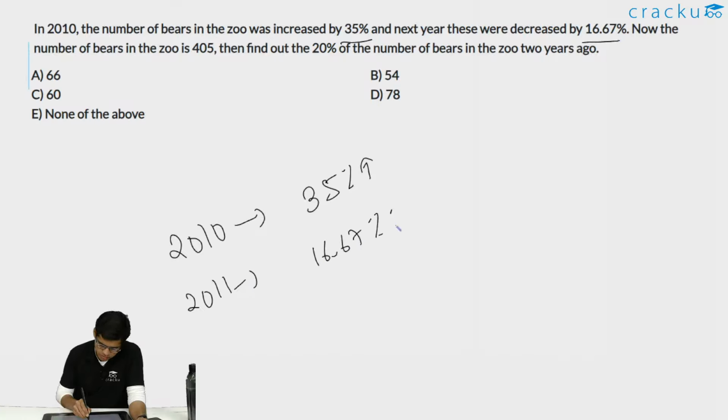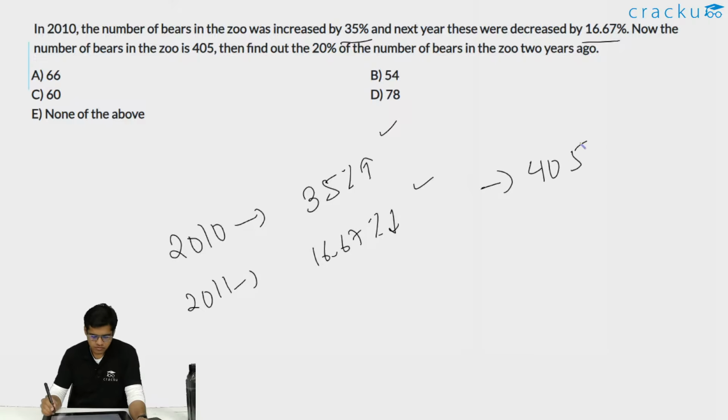After this increase and decrease, the number of bears is 405. I need to find out 20% of the number of bears in the zoo 2 years ago. Means what was the initial value? I mean, at the starting of 2010, what is the value?